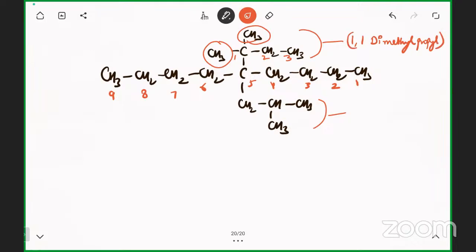If I go for the second one, it will be 1, 2, 3. In second position, we have 1 methyl. So it will be 2-methylpropyl. Okay. So if I do the numbering, here we have methyl, here we have methyl.